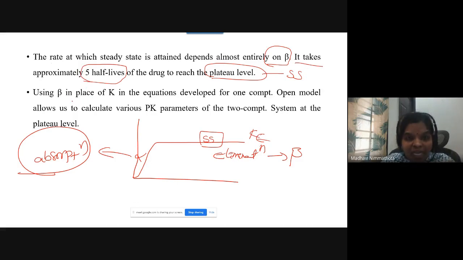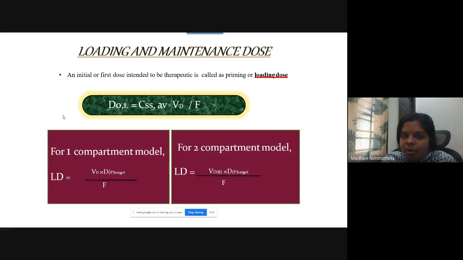Using beta in place of the elimination rate constant, the equations developed for the one compartment open model allow us to calculate various PK parameters. So what is the use of replacing beta with Ke? It is useful to calculate various PK parameters of two compartment systems at the steady state, the plateau level. Okay, so this is about the plateau level, loading dose and maintenance dose.